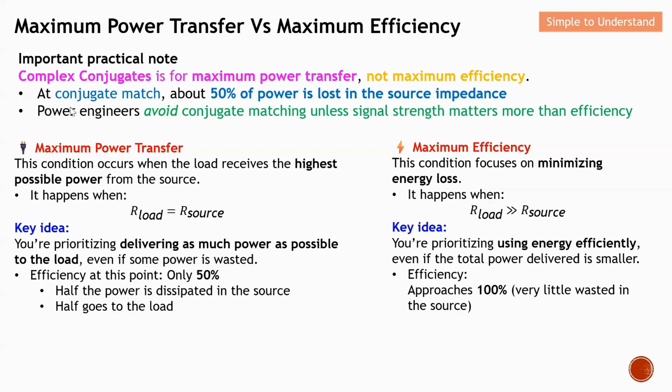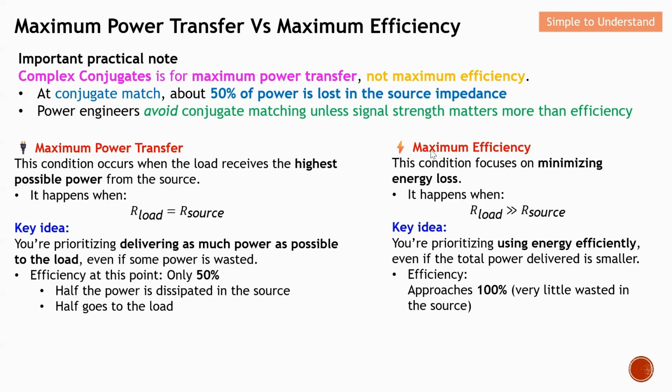When we achieve complex conjugate, for this case here, 50% of the power will be lost in the source impedance. This is undesired, and because of this, power engineers avoid complex conjugate matching unless signal strength at the load is more important than the efficiency.